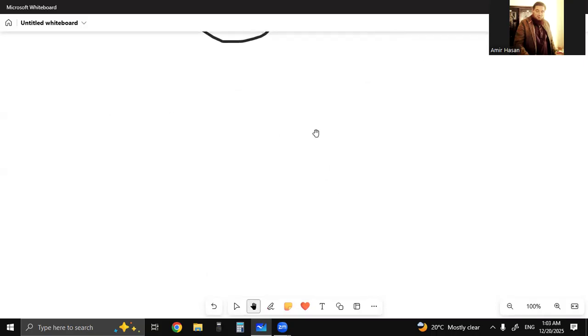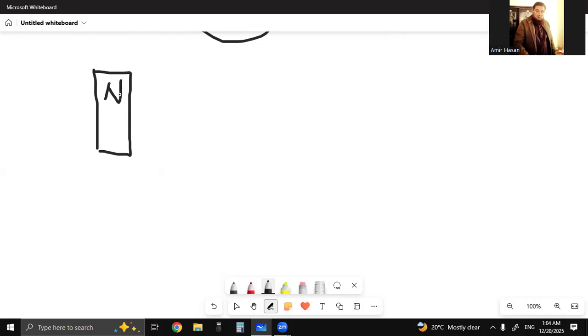Some materials are magnetic materials. When they come in contact with a magnet, they also become a magnet. Just like when we attach a nail, which is an iron piece, to a magnet, the nail converts into a magnet. This is not a permanent magnet, this is an induced magnet.